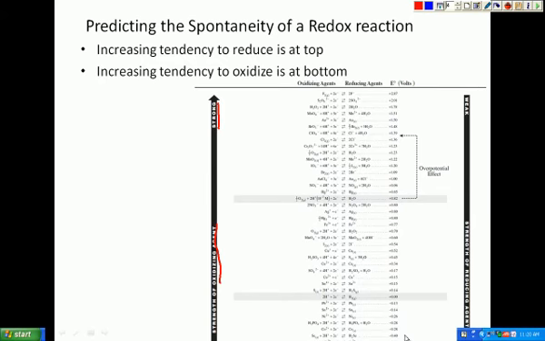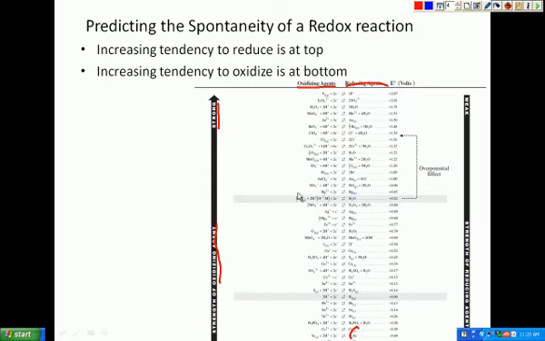Since reducing agents want to be oxidized, we have an increasing tendency to oxidize at the bottom of the table. We are talking about this side of the table, the reducing agents. And when we talk about things that want to reduce, we're talking about the oxidizing agents.